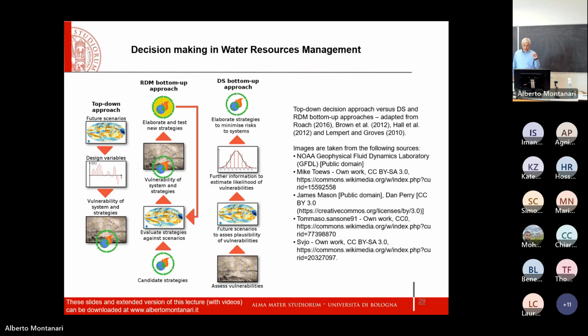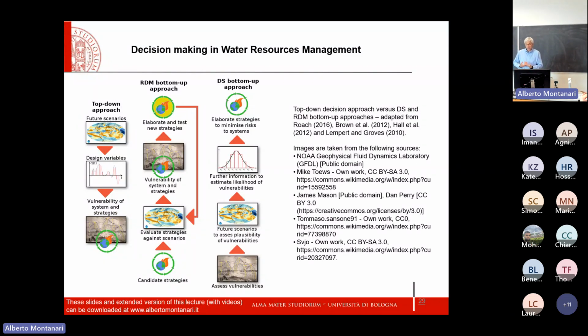In decision scaling, the approach is very similar, but instead of starting from candidate solutions, it starts from assessing vulnerabilities, like a land is vulnerable to floods. And then this vulnerability is tested against future scenarios of climate change. So is the vulnerability increasing, is it decreasing, and how much is it increasing?